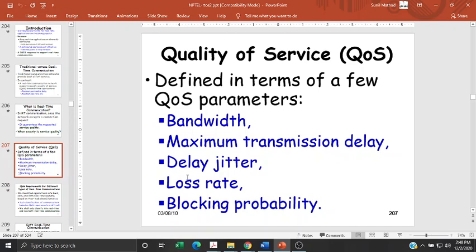It may not happen to my 100 neighbors, but only to me. And how do I address it? That is where you start arguing or complaining: you said something and something else is happening. So these are the quality of service parameters. These are example quality of service parameters as such. There can be many others as well.